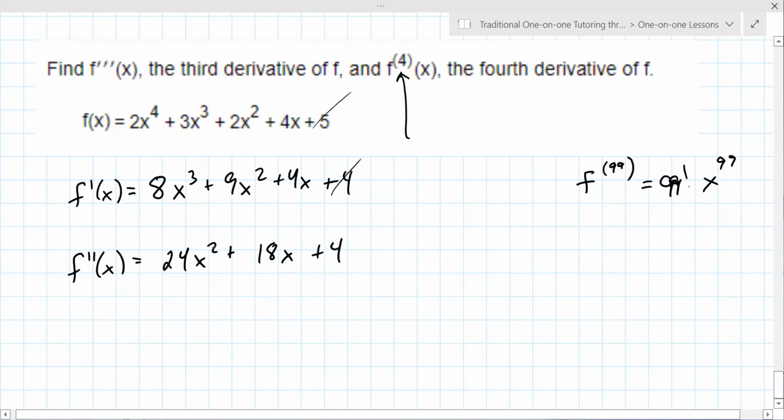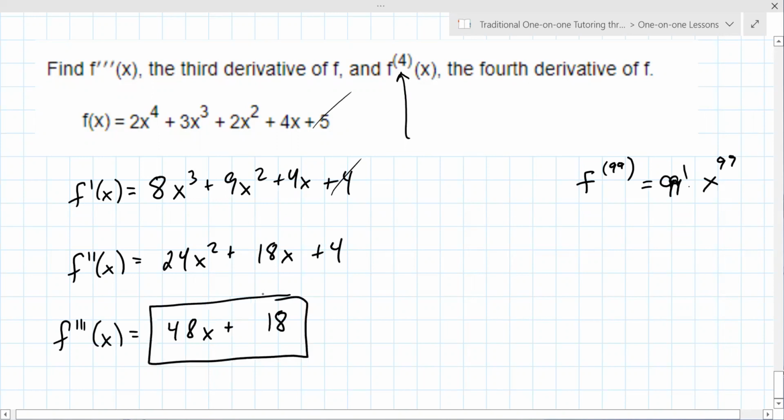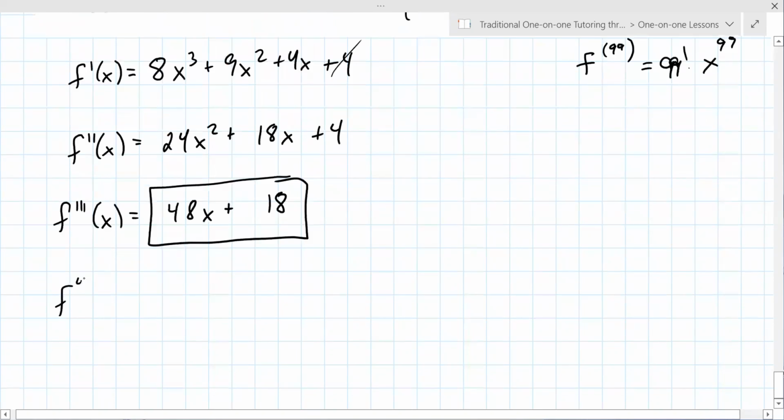The squared goes down to a 1, the cubed exponent keeps going down and down, and eventually you're not left with much in terms of a derivative. So there's your third derivative. But you keep going, you find that fourth derivative, which is just 48.